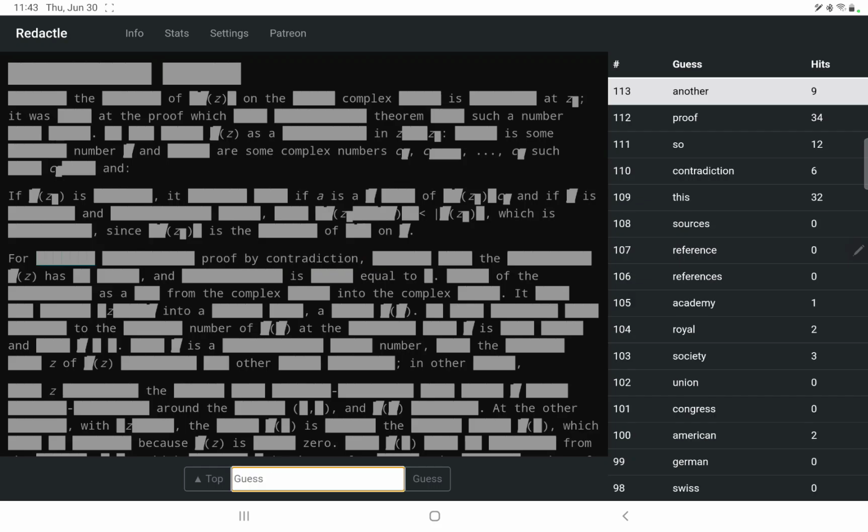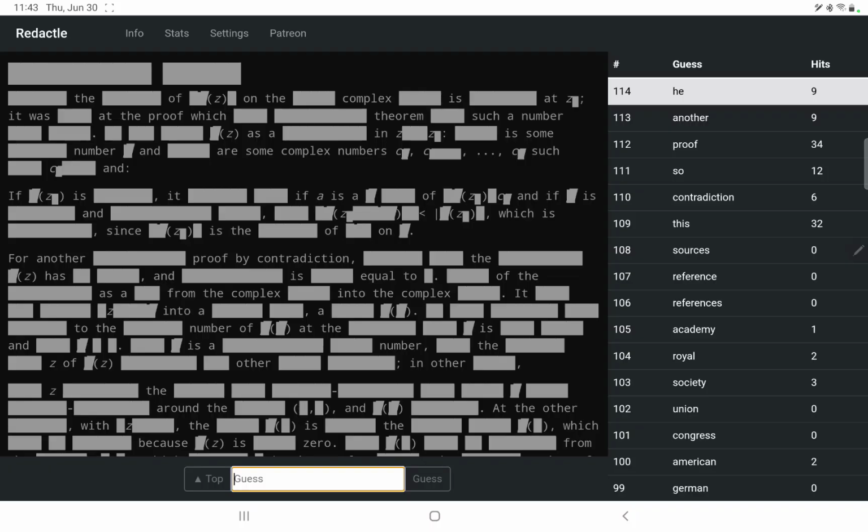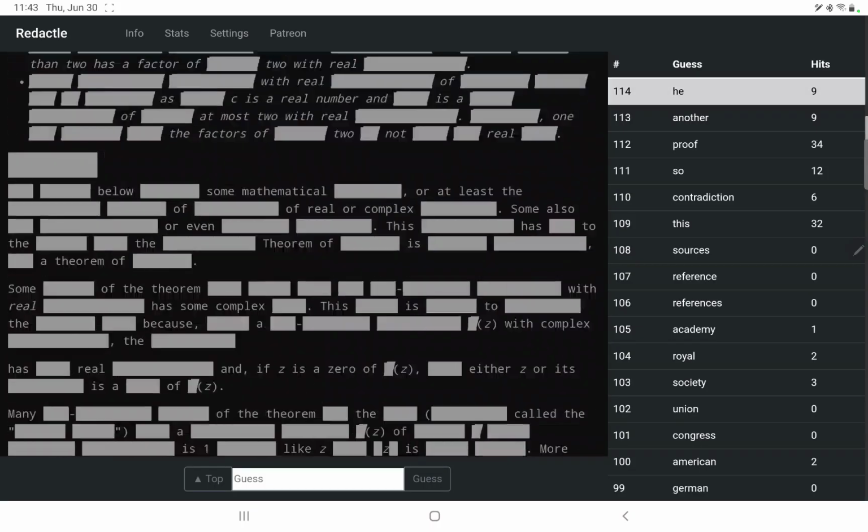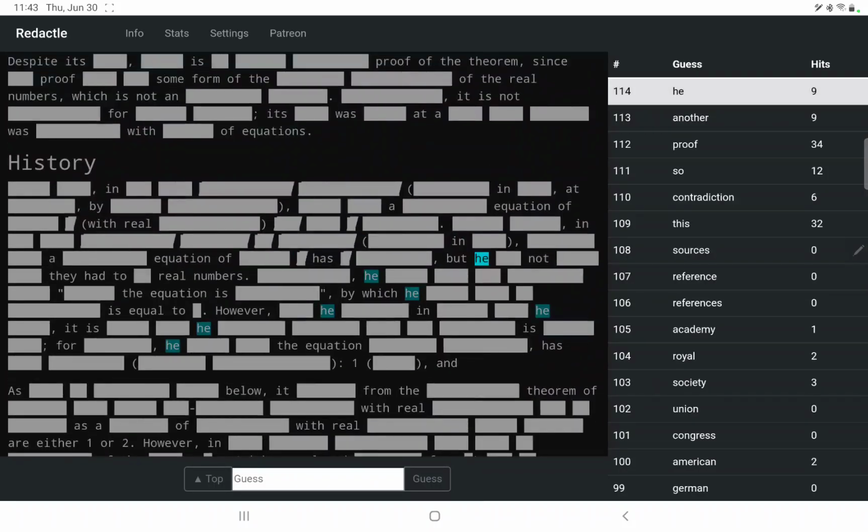Did we do another something, proof by contradiction? What are the other common words we haven't? Let's try "he" and see if we're referring to somebody. So here's the history section.